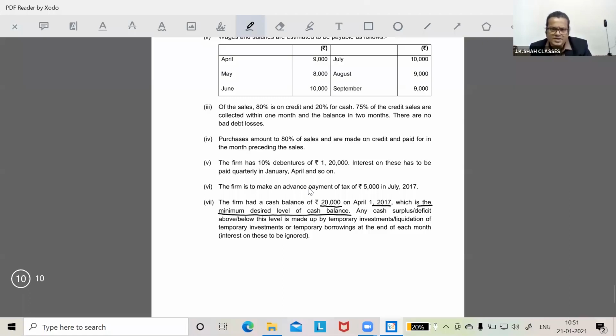Any cash surplus or deficit above or below this level is to be made up by temporary investments, liquidation of temporary investments, or temporary borrowings at the end of each month, and interest is to be known. So this is that part which I showed you in the format. I'll write that over here itself.